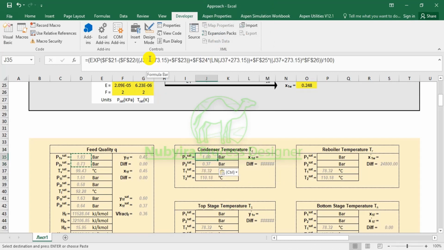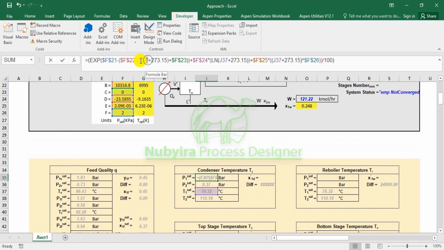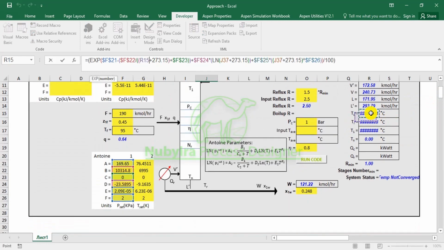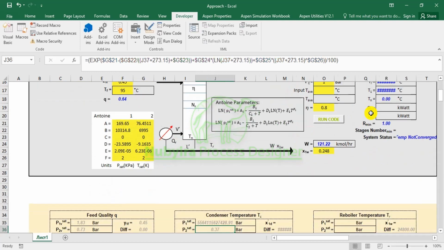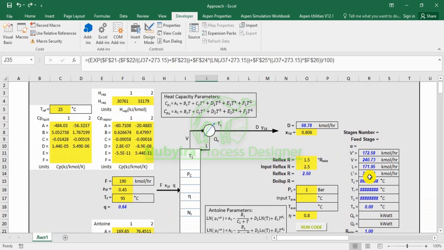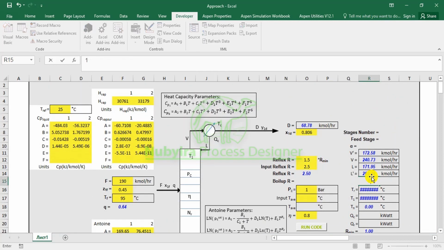Then we change the temperature to where we want to be using the temperature of the condenser. I have to change this value to, okay, let me change all these values to 100, just as a starting temperature.